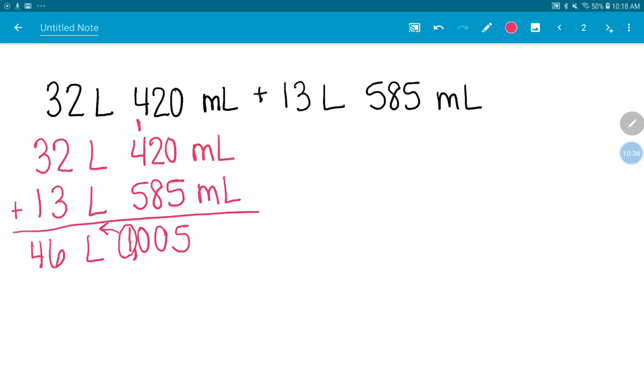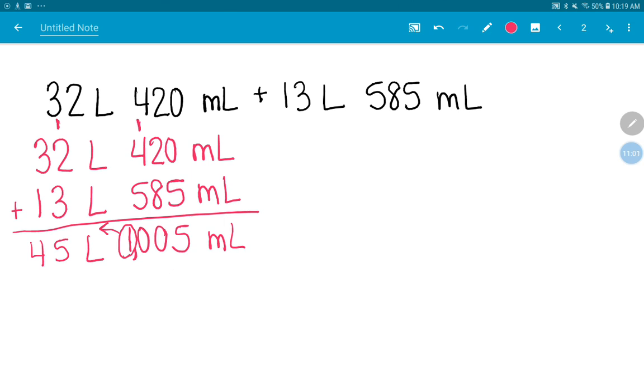So we have to move that 1,000 milliliters over. So we have 32 plus 13 plus 1 more. Before we add that one, 2 plus 3 equals 5, and 3 plus 1 equals 4. So we have 45 liters, 1,005 milliliters.